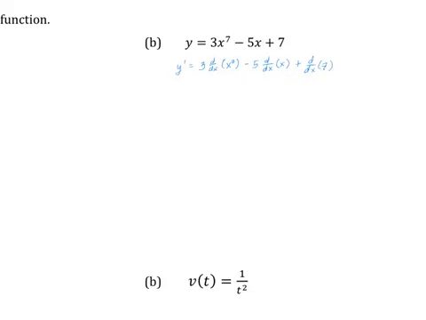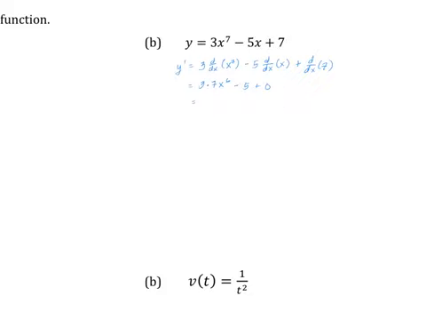Now I'm splitting this up using those properties. Eventually you don't have to do this step. So this is going to be 3 times 7x to the 6 minus 5, the derivative of x is just 1, and then we have a plus 0.